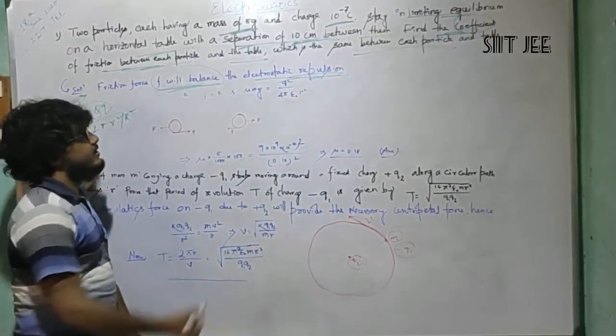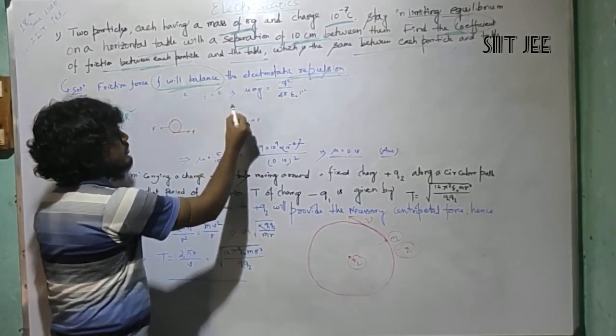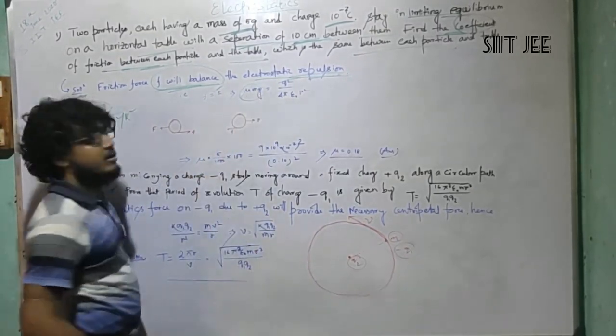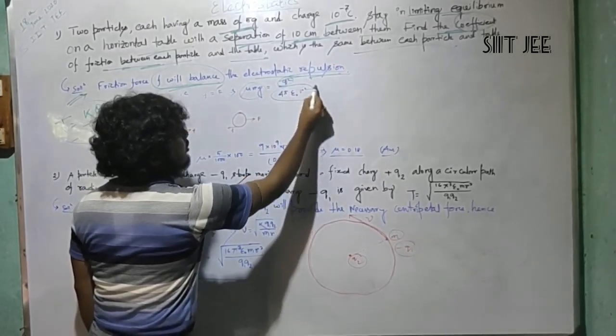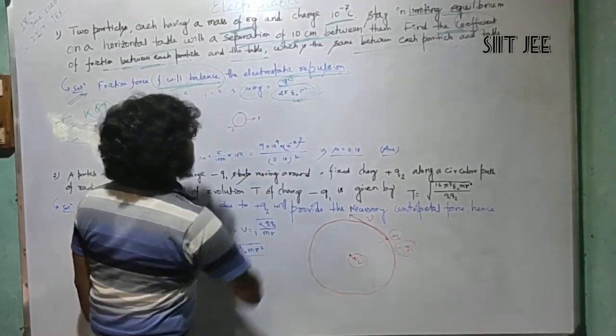Then we get F is equal to mu mg is equal to q square divided by 4 pi epsilon 0 into r square.